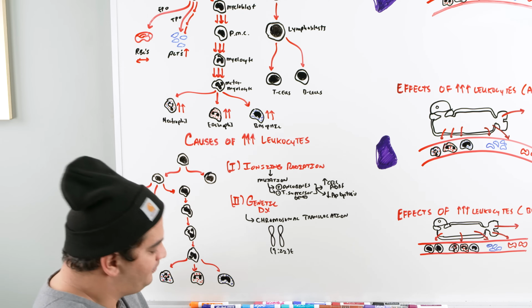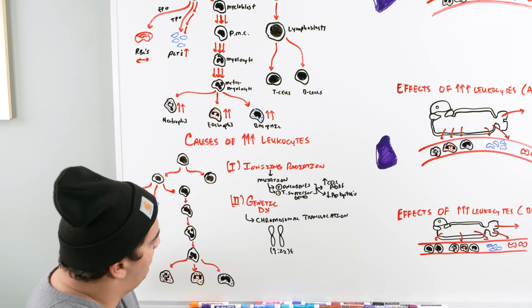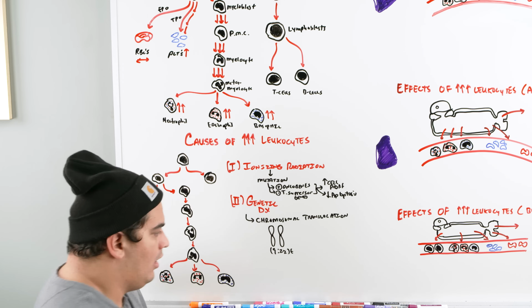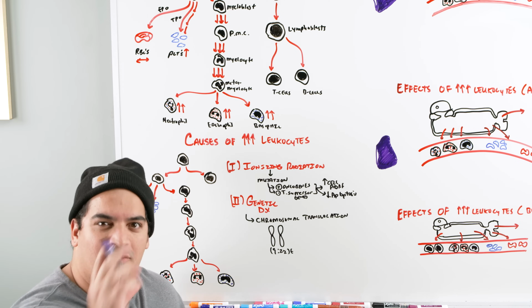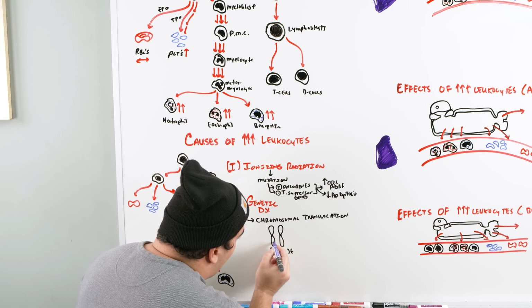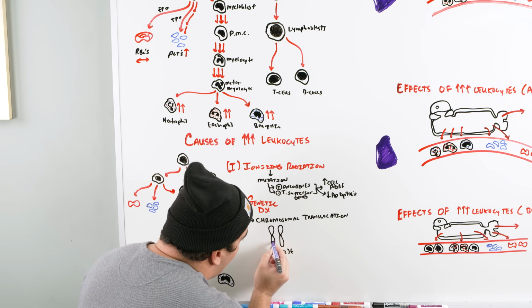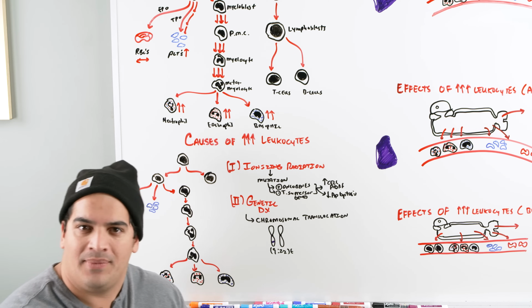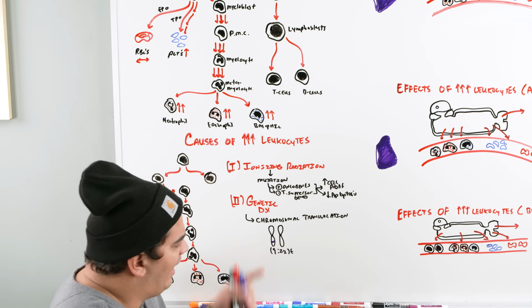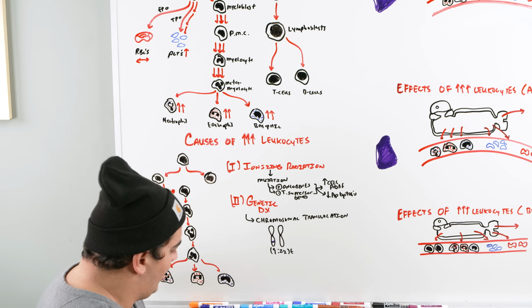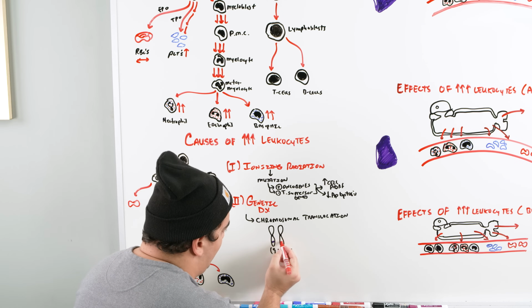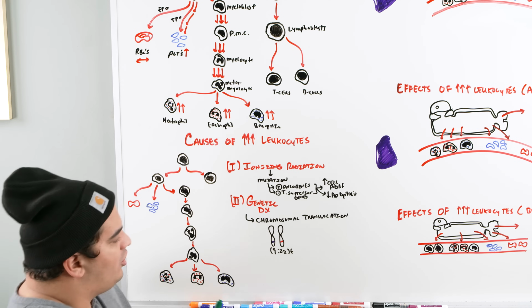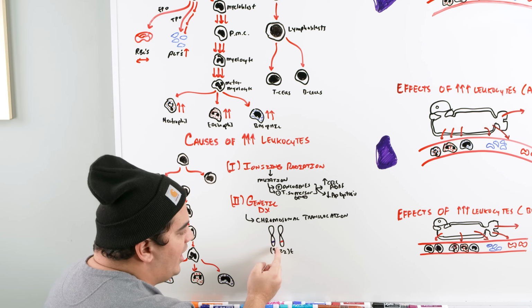In other words, there's a gene. Let's make it purple. This is going to be our gene right here. So there's one gene, okay? We're going to call this one our ABL gene. And then over here, we'll say that this is our BCR gene. What I'm going to do is swap some genetic material.